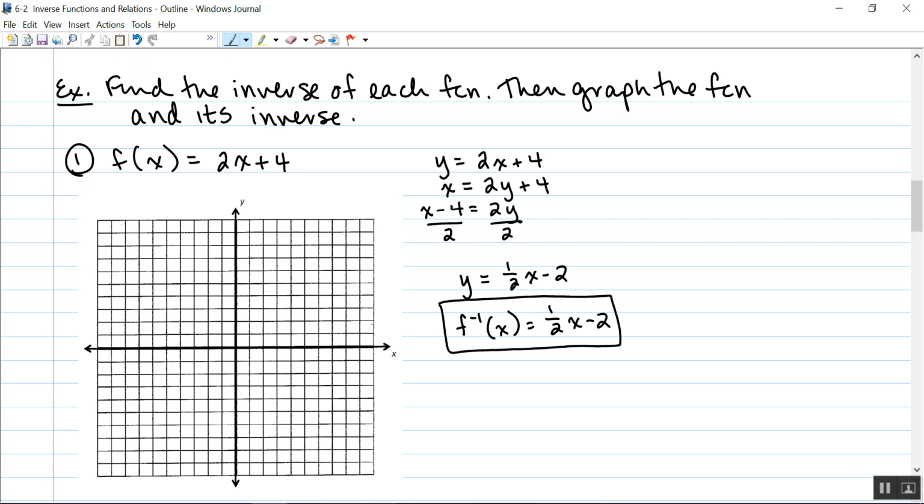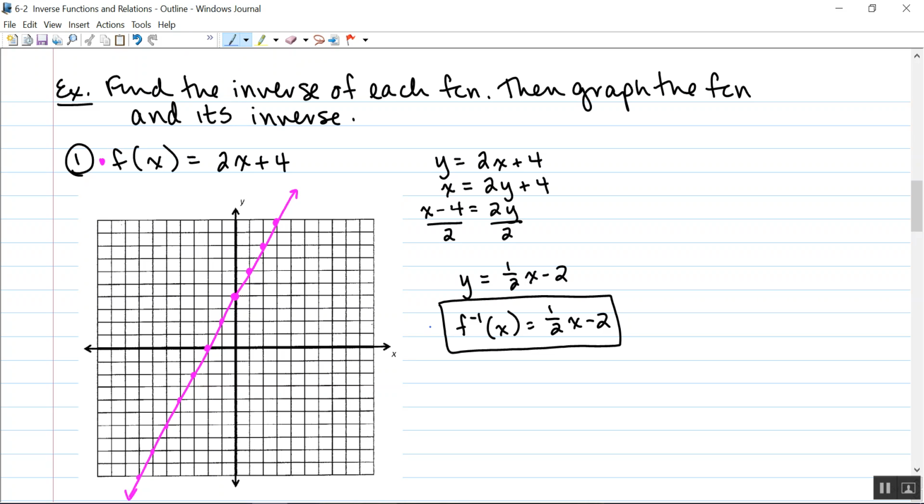So let's graph each one of those, and I'm going to have a little fun here and graph them in different colors. So our original function has a y-intercept of 4, and then up 2 and right 1. This one's easy to graph because it's linear, and I can just use y equals mx plus b. Okay, so there's my original function.